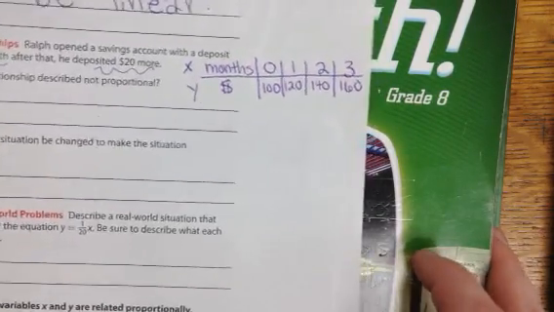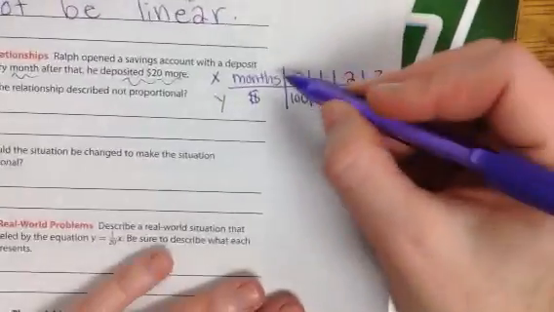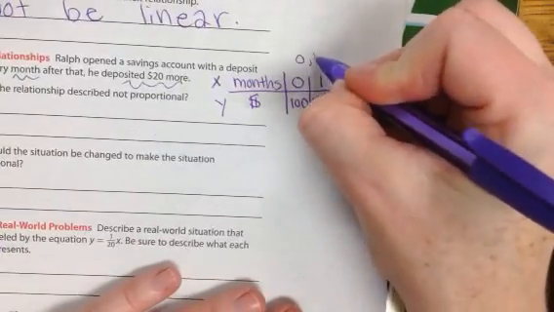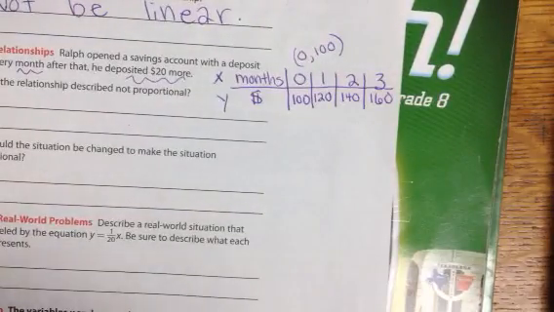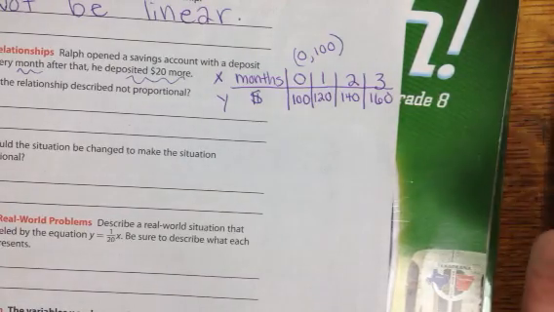Okay, it says, why is the relationship not proportional? Well, remember that this table is giving me ordered pairs. So I have 0, 100. And if you think about graphing that, that would make that line not be at the origin. It's not at 0, 0.